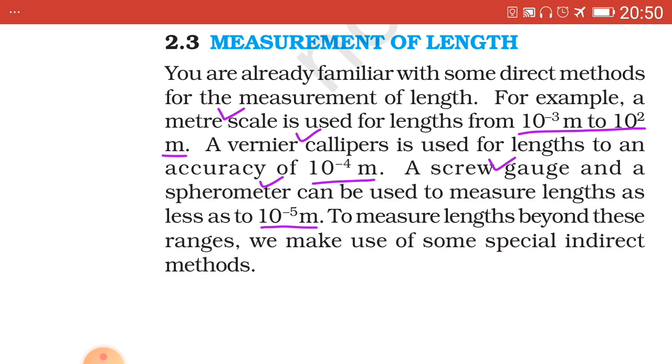In both cases, screw gauge and spirometer, the least count is 0.001 centimeter. So from all this discussion, it is clear that the smaller the least count, the more the accuracy. Means going from 0.1 centimeter to 0.001 centimeter, the least count goes on decreasing and accuracy goes on increasing.